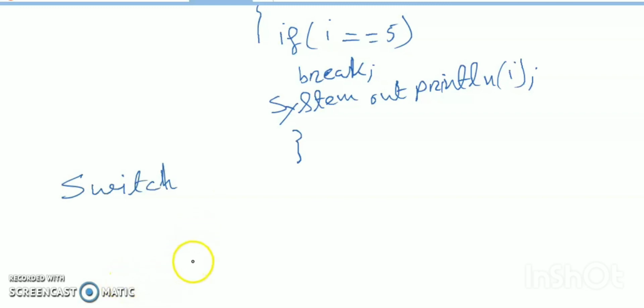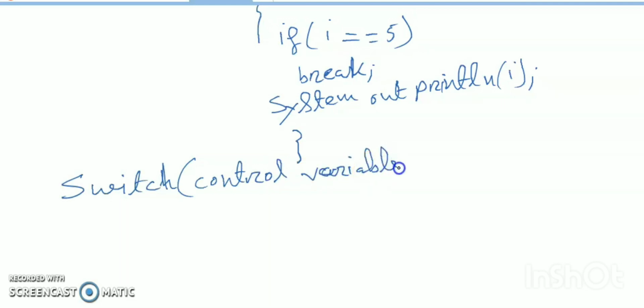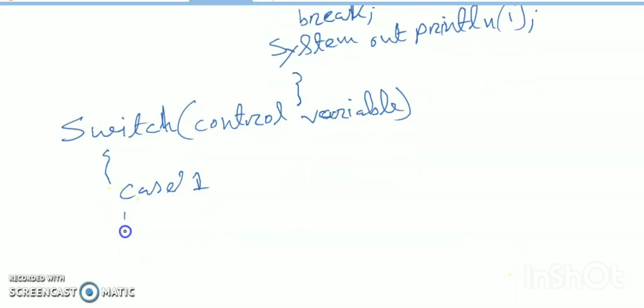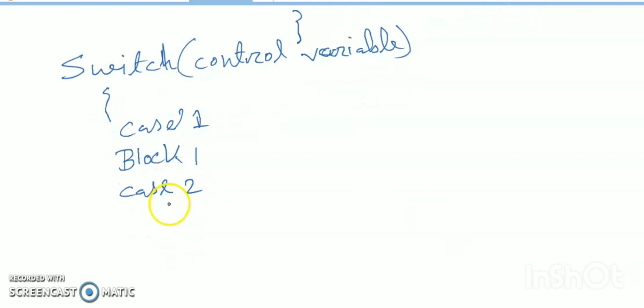What is the value of the switch control variable? You see, I use a control variable, and you get case 1, block 1. Case 2, block 2.